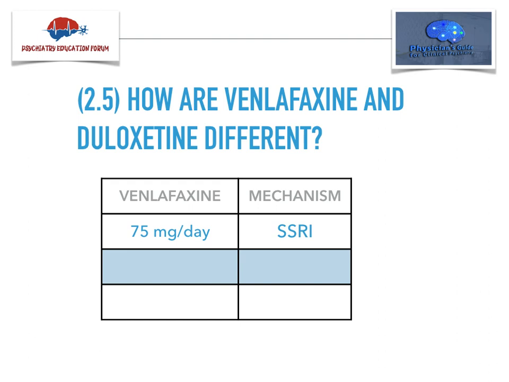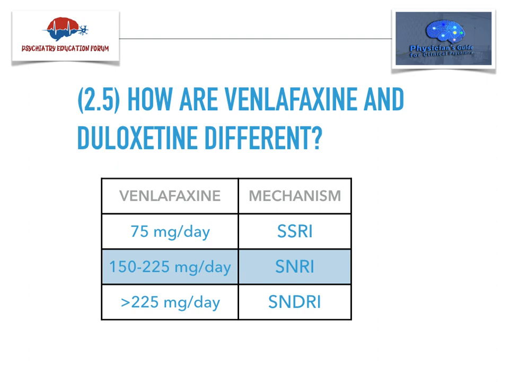But as soon as you go up beyond 75 to 225 dosage, it acts as an SNRI. But if you go beyond 225 milligram, it will also have effect on dopamine reuptake inhibition, but side effect profile increases drastically at that dose.